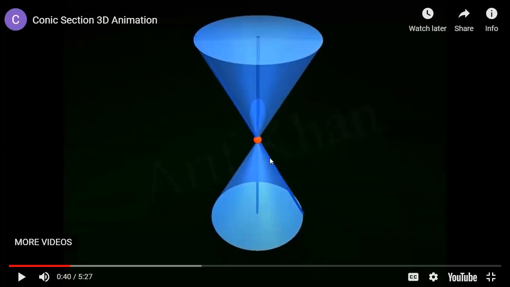I'll pause it in the middle. Please note it down if you want. Just draw a rough cone diagram. Mark this as vertex. And this line is generator.